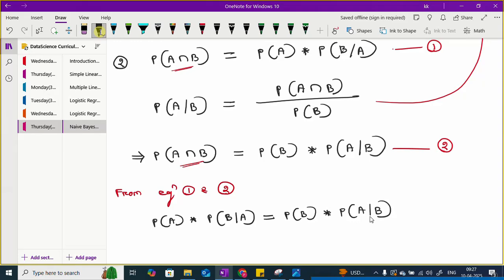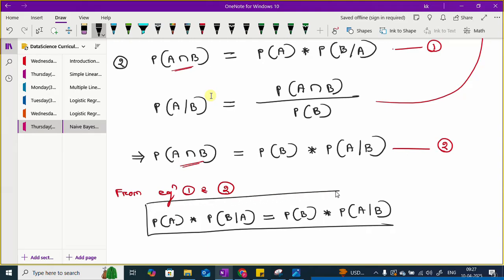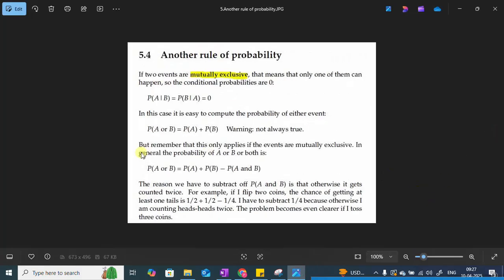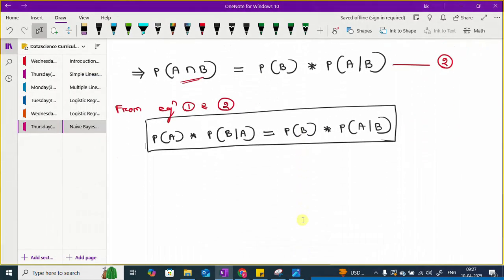Any doubt so far? Let me put it in a box. This is equation number 3.